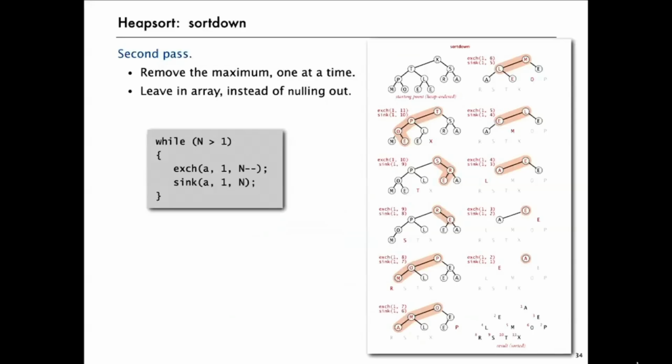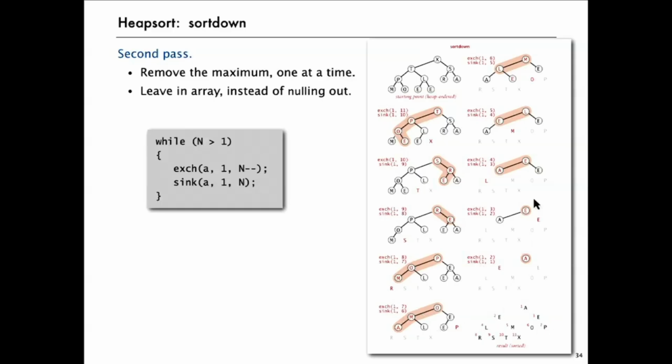Then the second pass, again, that's only a two-liner. We exchange the first element with the one at the end and then decrement the size of the heap and then do sink operations. And these diagrams summarize the sink operations that we showed in the demo.